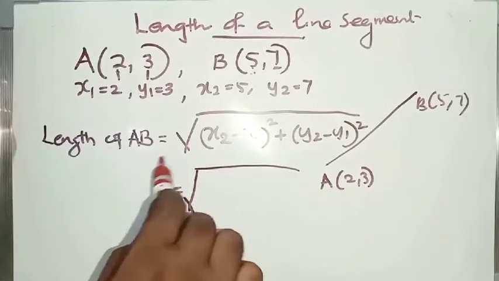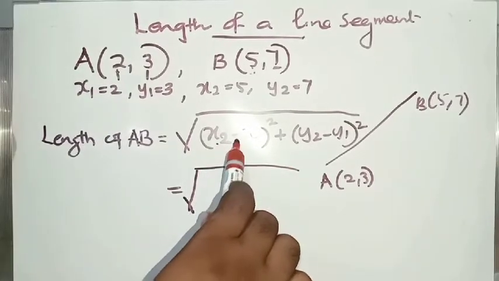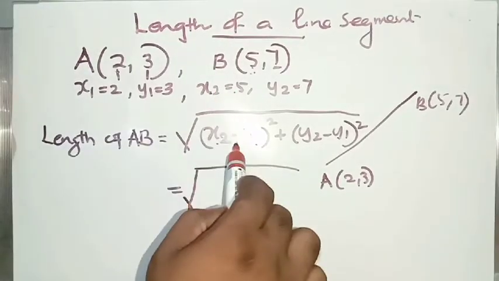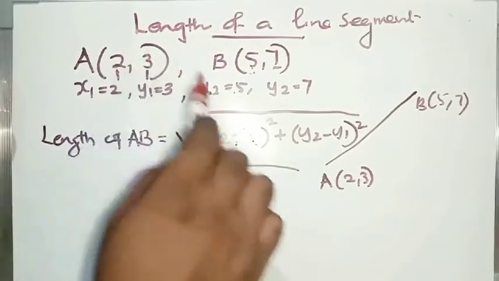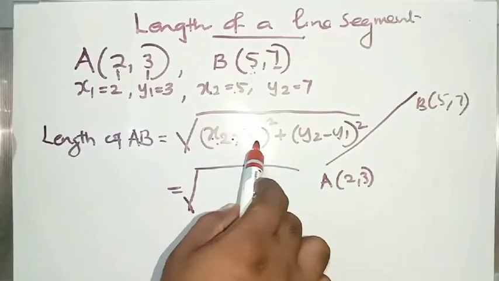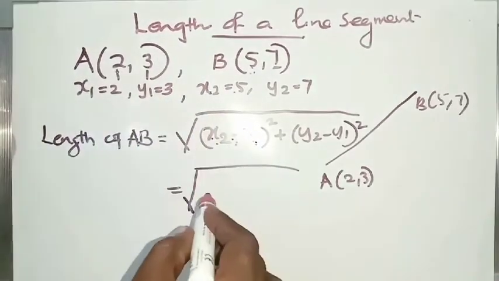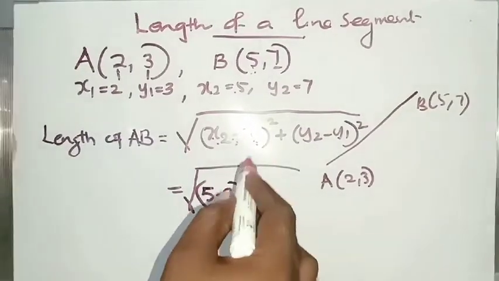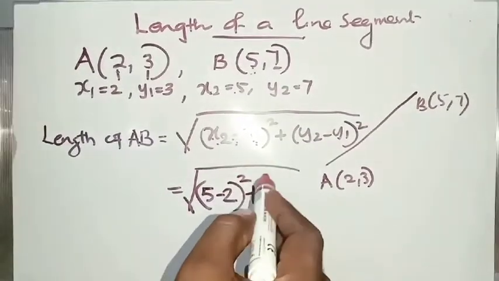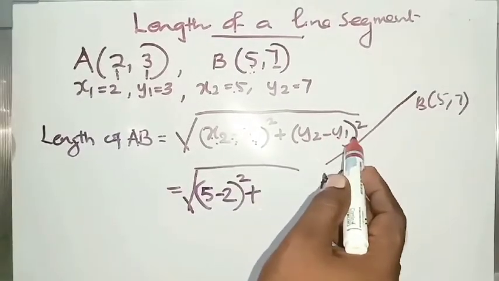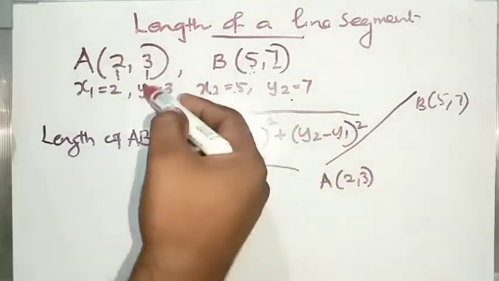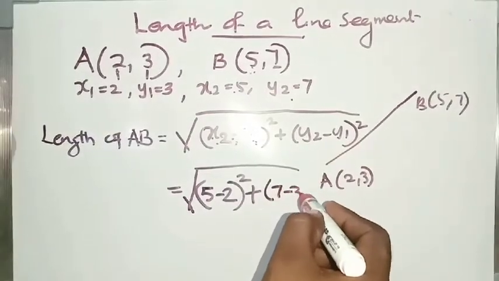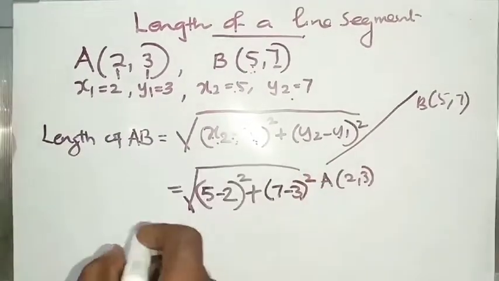We get square root of x2 minus x1. That is x2 is 5 minus x1 which is 2, so x2 minus x1 is 5 minus 2, the whole square, plus y2 minus y1, that is 7 minus 3, the whole square.